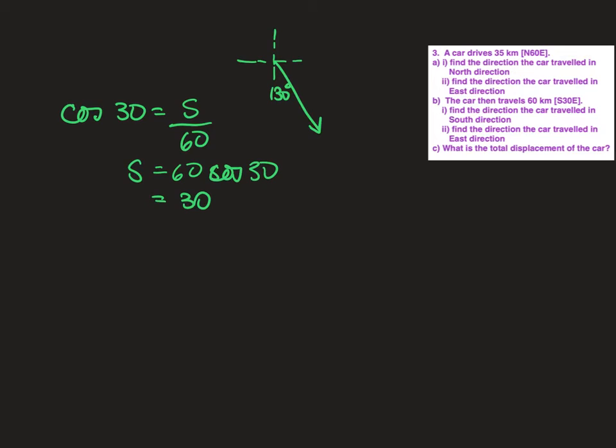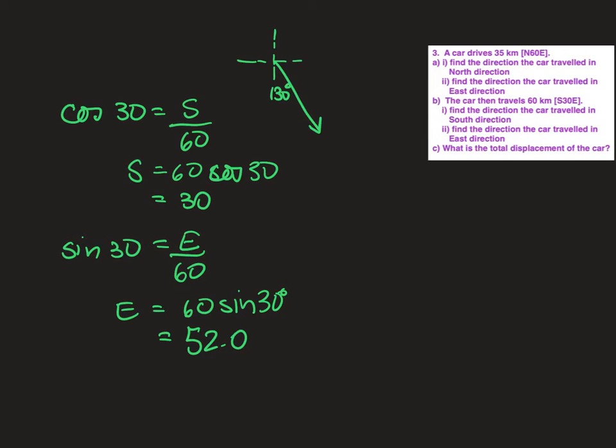So I can go and say, okay, sine 30 is going to be east over 60, and you put that in your calculator and we get 52 kilometers. Okay, so now for part C, let's put them all together.